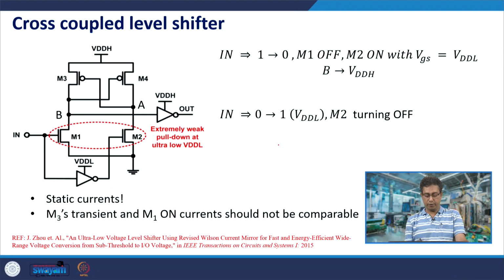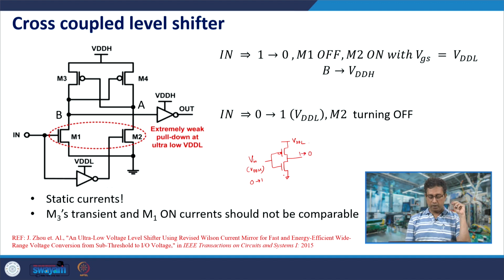When you want to shift levels from a high voltage to a low voltage, you could use a simple inverter. VDDH is the higher voltage and VDDL is the lower voltage. When the input turns from 0 to 1, the PMOSFET is off, the NMOSFET is on, and you would get a 0 at the output.